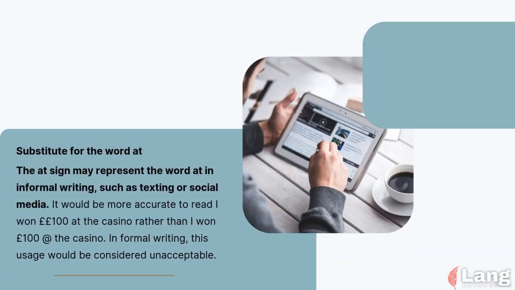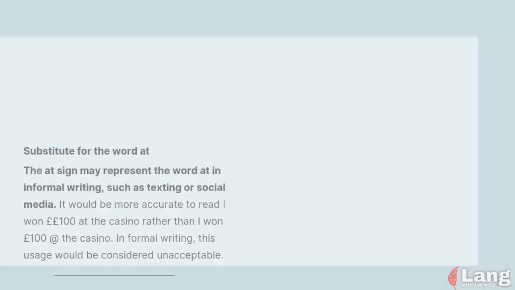Substitute for the word "at". The @ sign may represent the word "at" in informal writing, such as texting or social media. It would be more accurate to read "I owe £100 at the casino" rather than "I owe £100 @ the casino." In formal writing, this usage would be considered unacceptable.